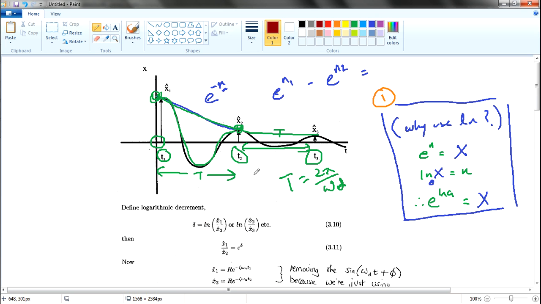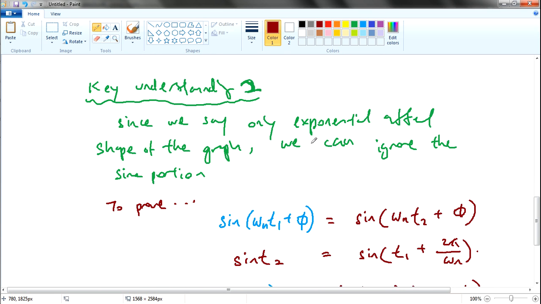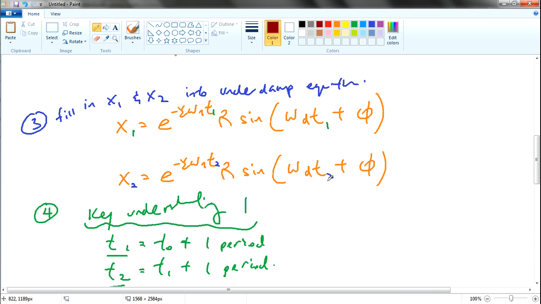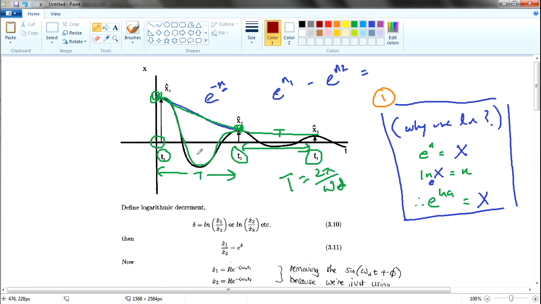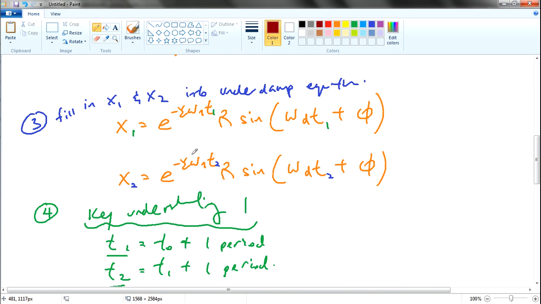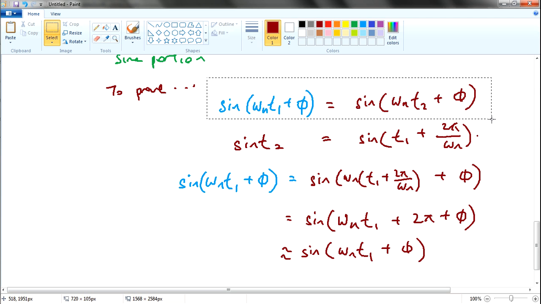And t2 is equal to t1 plus 1 period. So t2 over here is equal to t1 plus 1 period. We can use this relationship. This one is our assumption. We want to prove that in fact this is equal to this.